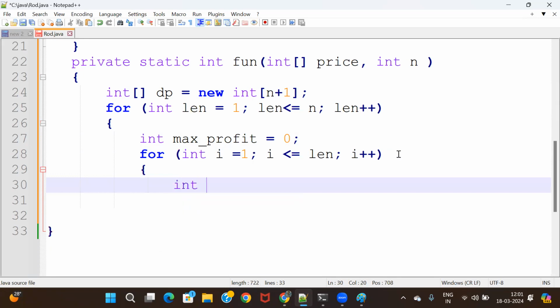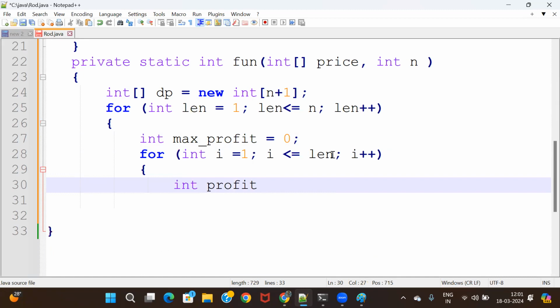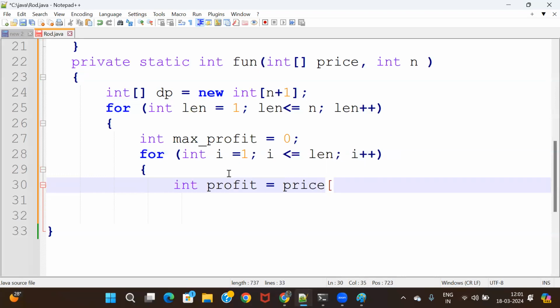Now, find out profit for every length, which is varying from 1 to n. What is profit? The price of length i, which is price of i minus 1 because the array starts from 0 index, plus what is the length of the rod remaining?